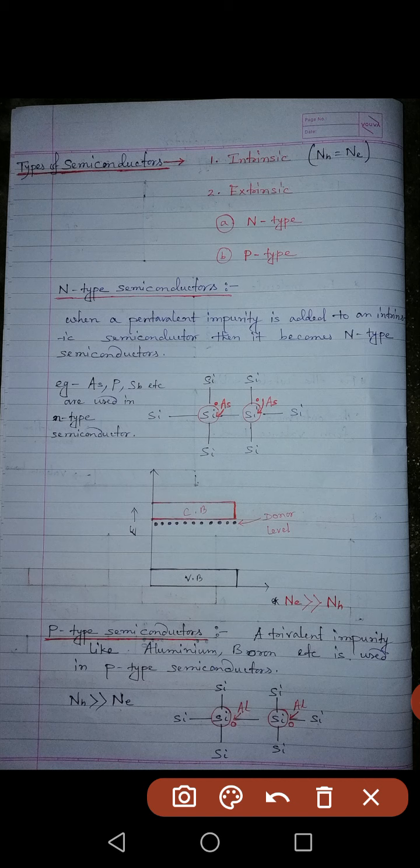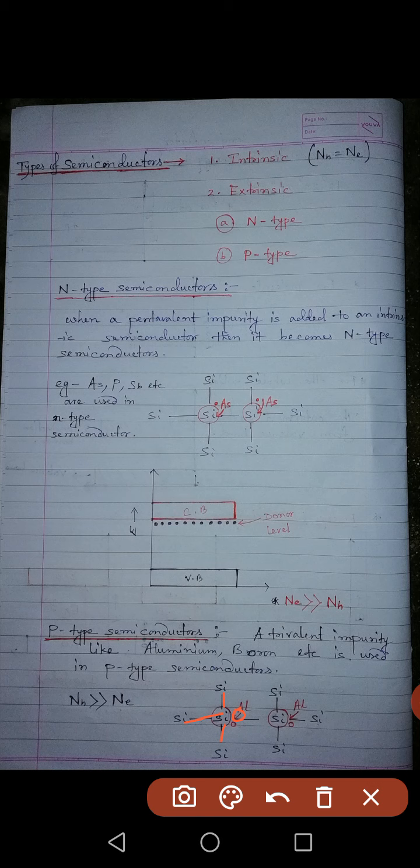Suppose just like the previous one, this silicon and this silicon are replaced this time by aluminium, which is trivalent. Aluminium can form 3 bonds with 3 silicons, but there will be one vacancy, right? Because aluminium cannot form 4 bonds. This vacancy is nothing but a deficiency of electron, which is considered a hole.